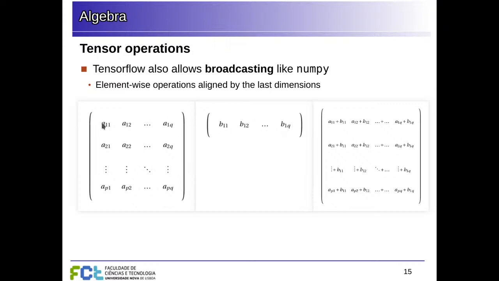So, for example, the number of columns in this matrix A must be the same as the number of elements in vector B. If it can do that, it can align the last dimension and then simply broadcast or replicate the operation through all the other dimensions. So in this case, it would repeat for each row of A this element-wise sum with all the values of vector B.